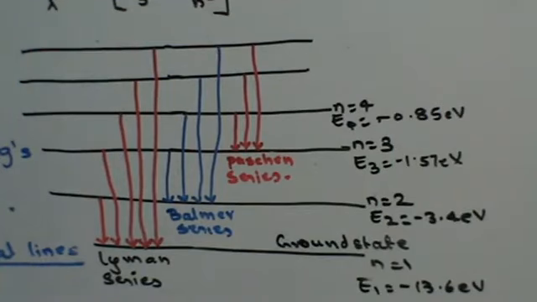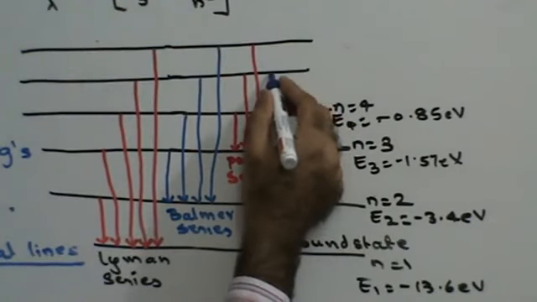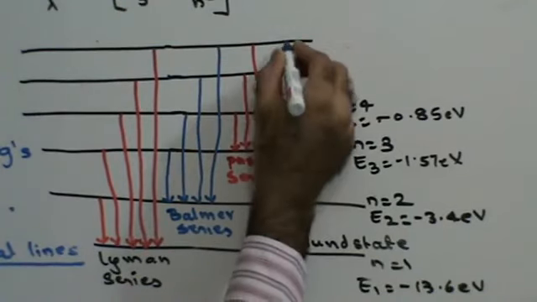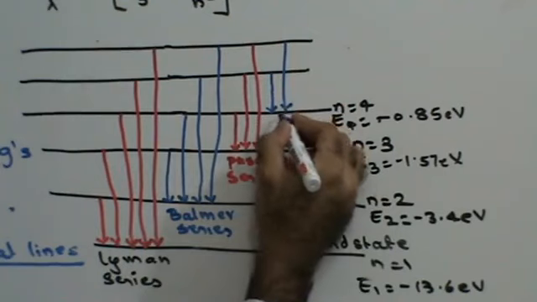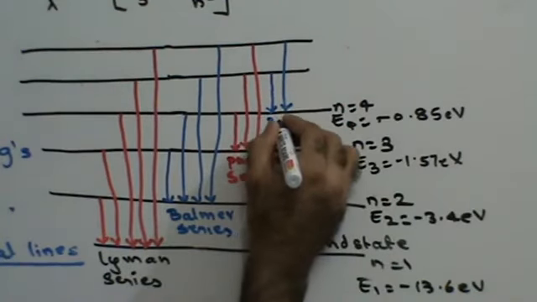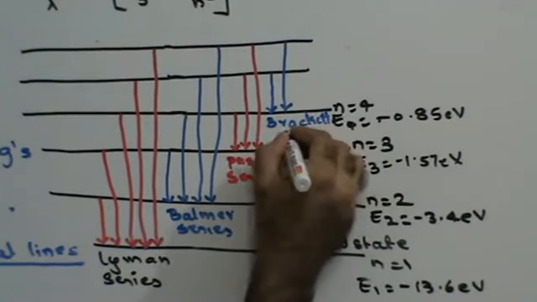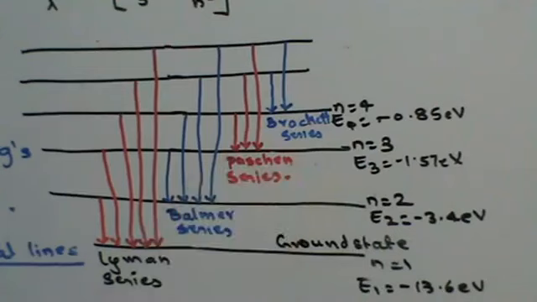So if you had a transition of electrons from outer orbits to n equal to 4, in that case what you would get is called your Brackett series. This is going to be my Brackett series.